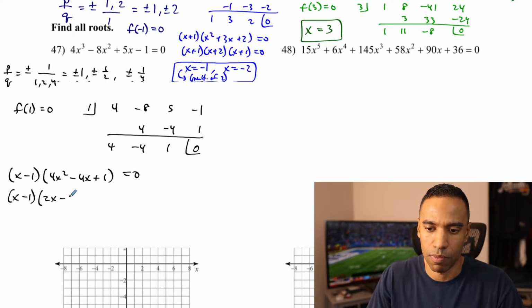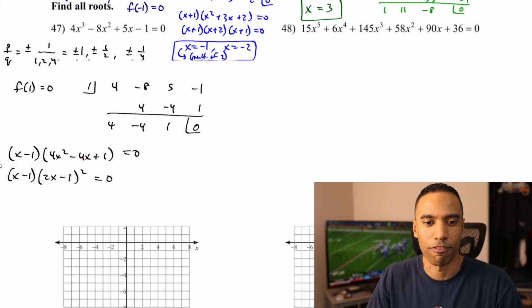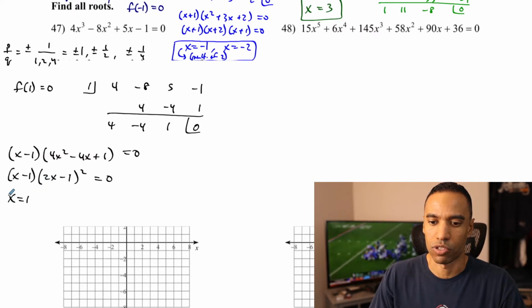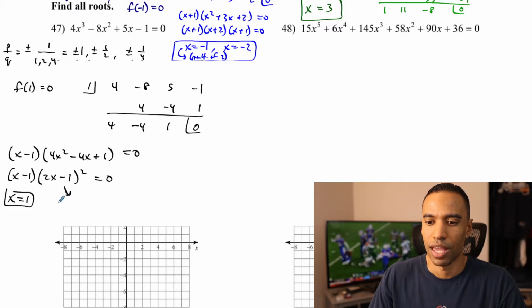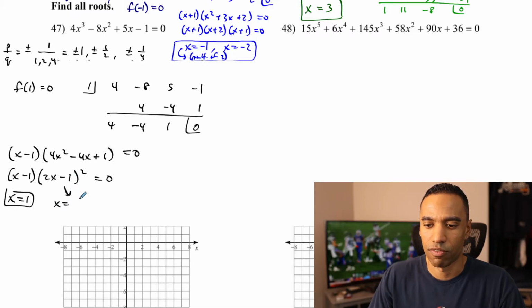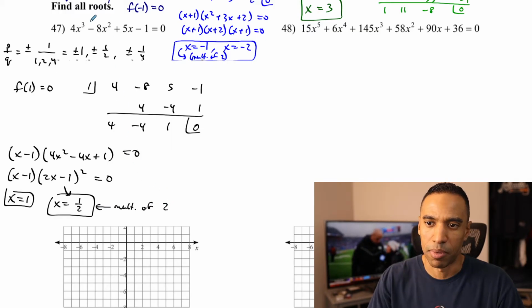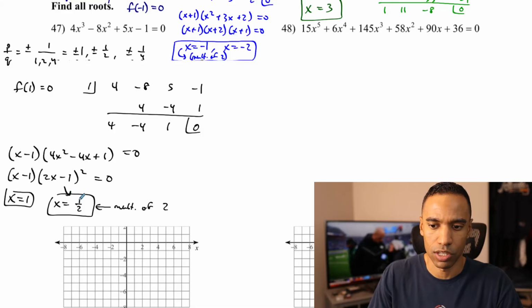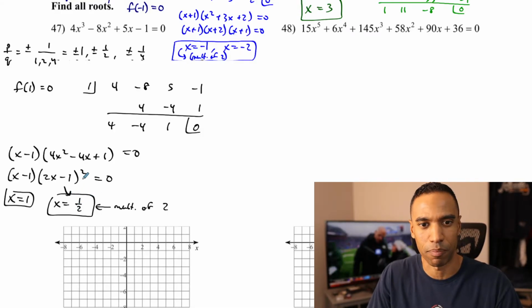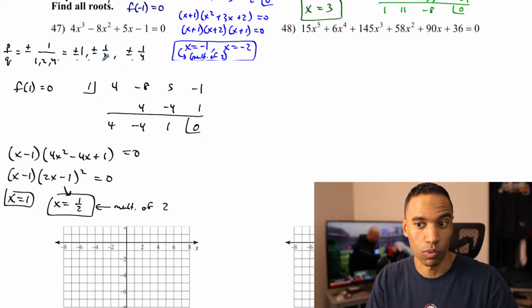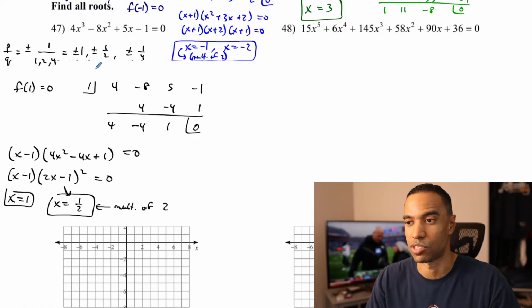This is 2x minus 1 quantity squared. That's just something I know. You can try and factor it yourself. So find all zeros: 1 and 1/2. This has a multiplicity of 2. Remember, being a cubic, there should be 3 solutions. 1, 2, 3. Right? 1/2 appears twice, which are rational roots, right? They actually would have worked in my test.